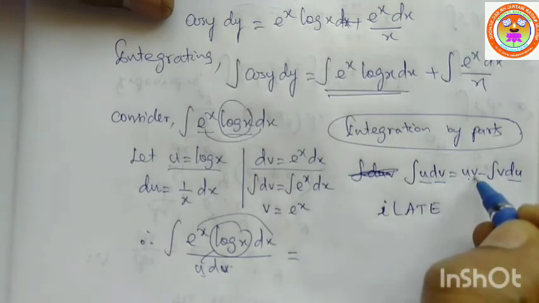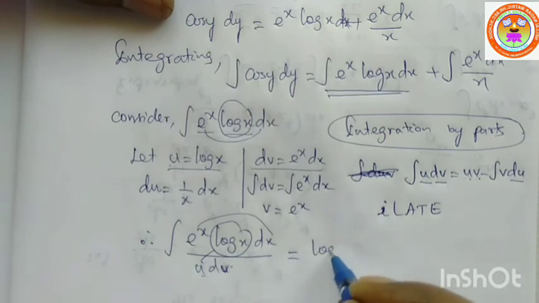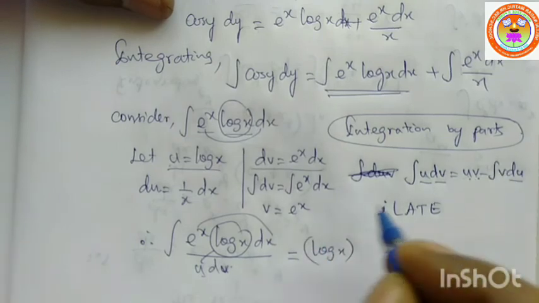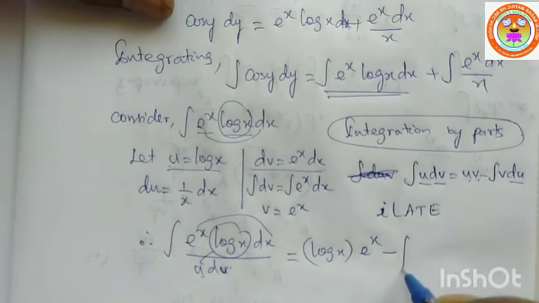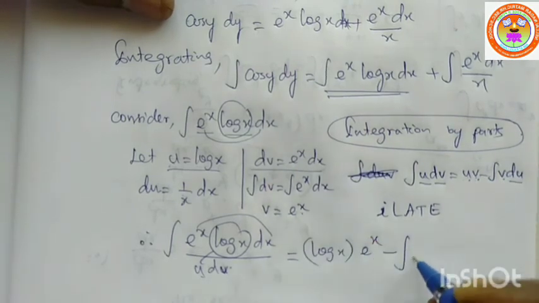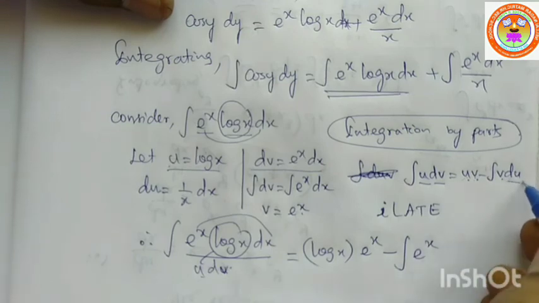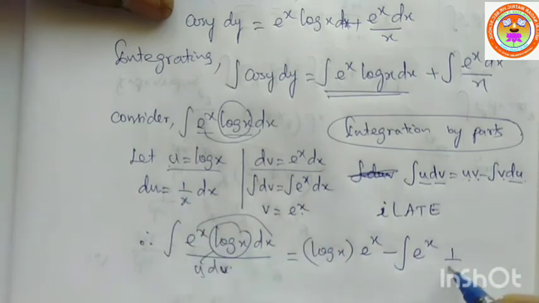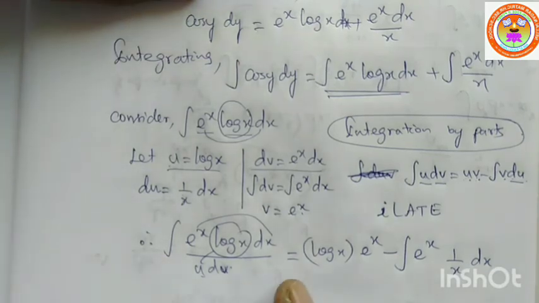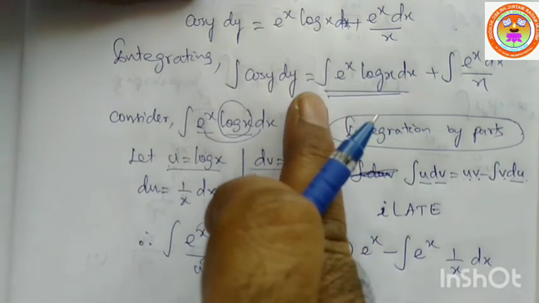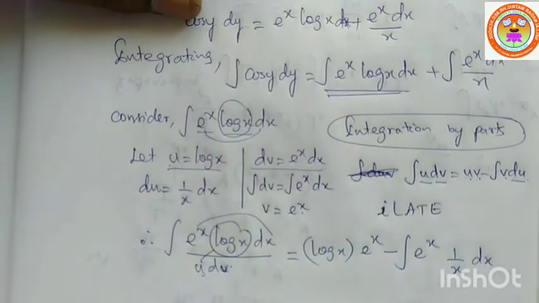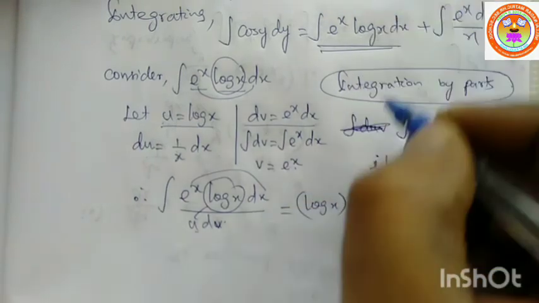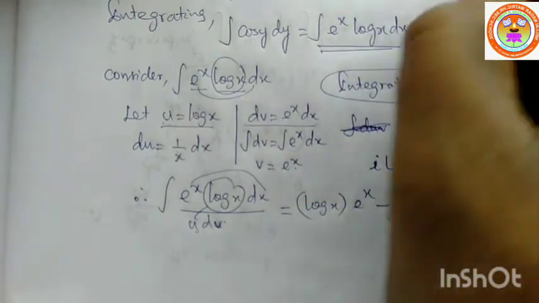See, uv. u is log x, then v is e power x, minus integral of v, means e power x, into du. du is 1 by x into dx. Apply this value in our question. See, we have integral of cos y dy. Therefore, apply this value here in equation 1.